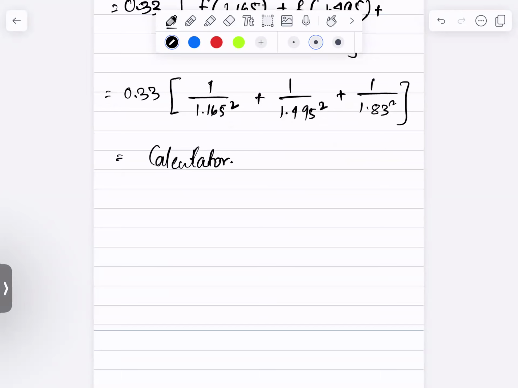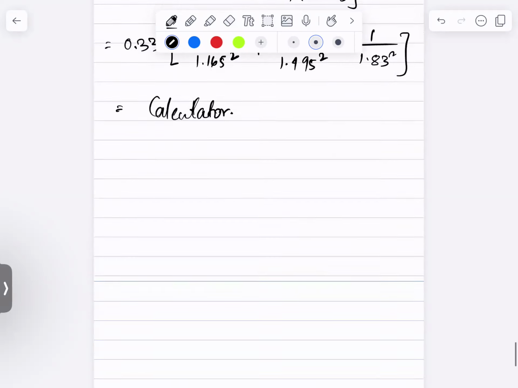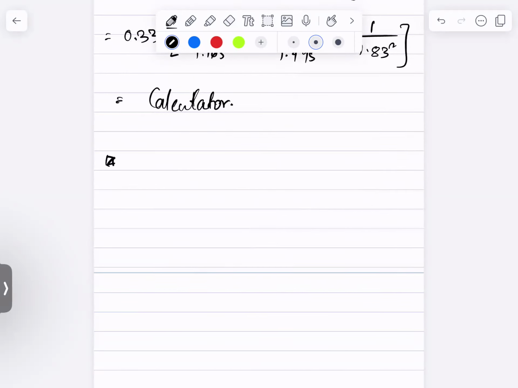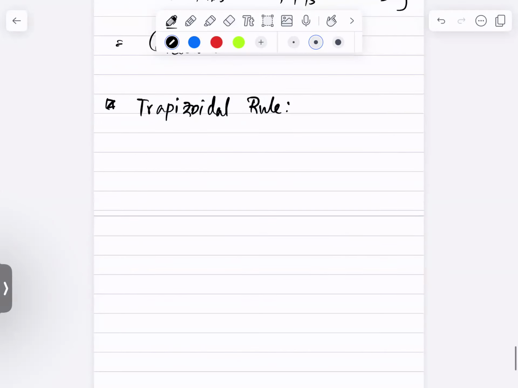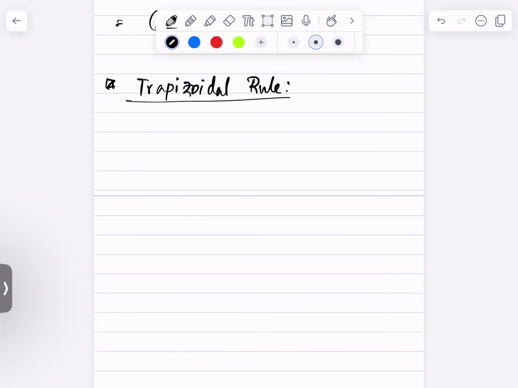So far we have learned 3 different ways to approximate the integration. Now we'll learn one more type of approximation, which is called trapezoidal rule. I'll not go into the details of how we get the formula because that will be a little bit cumbersome and maybe out of scope right now.